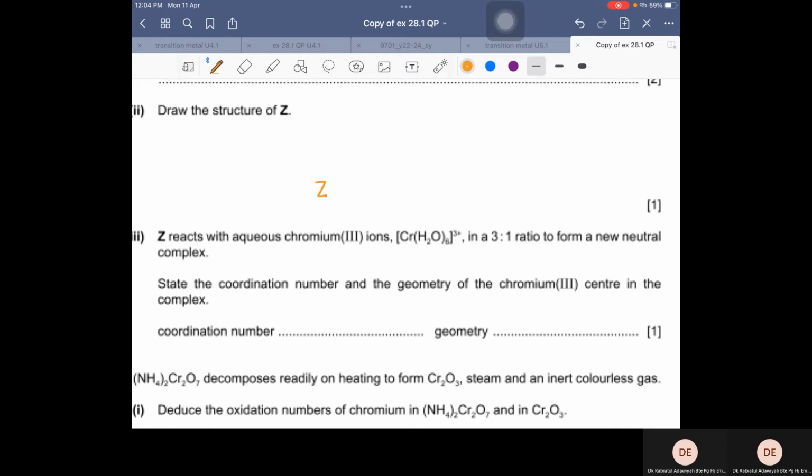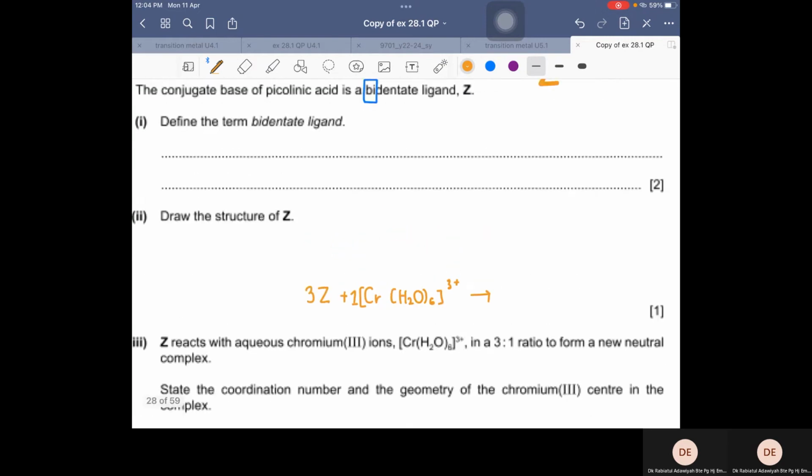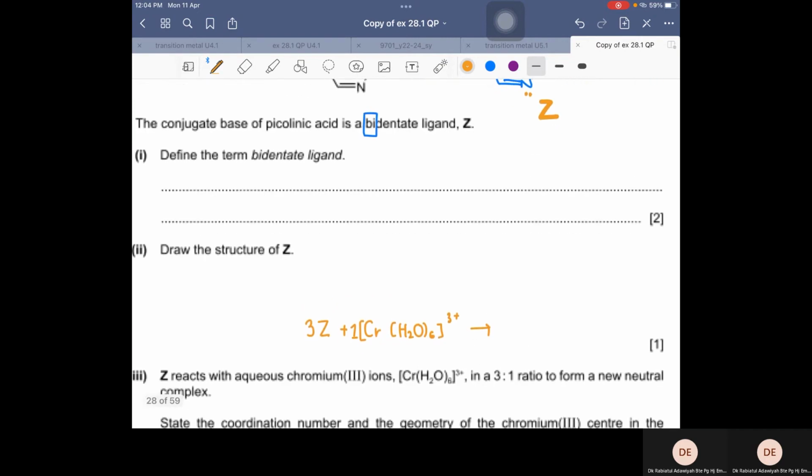Part 3 said that Z reacts with chromium ions in 3:1. That means I need 3 molecules of Z to react with 1 unit of complex ions to form a new neutral complex. Okay. Since Z is bidentate, 2 dative bonds form.